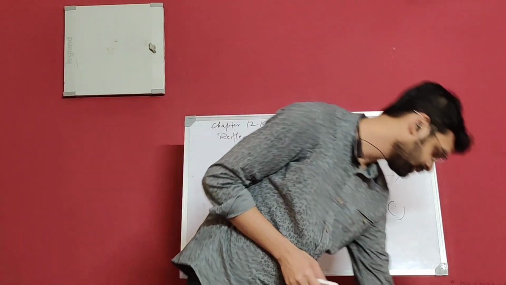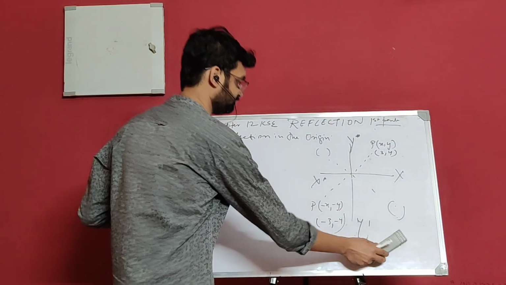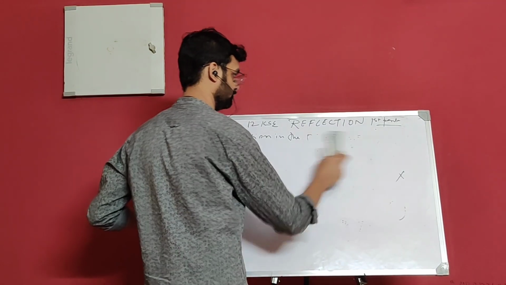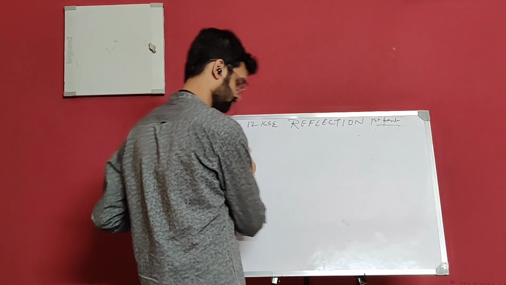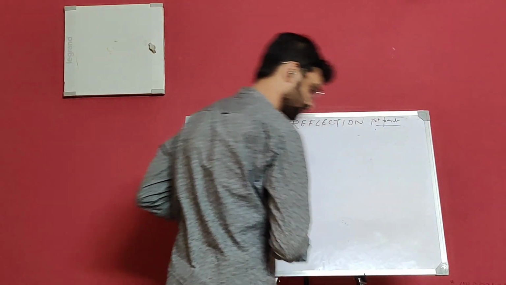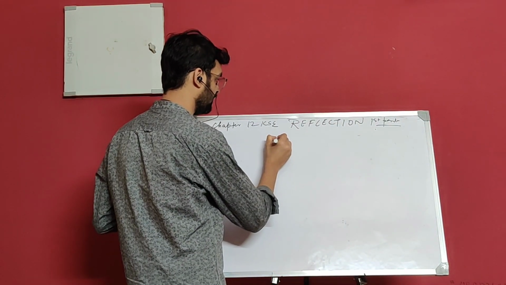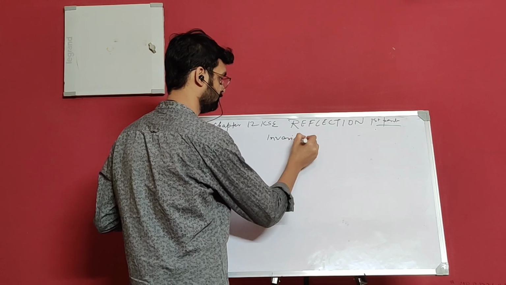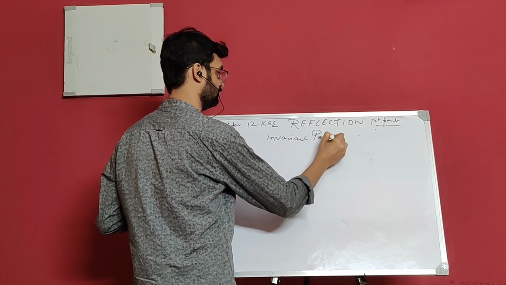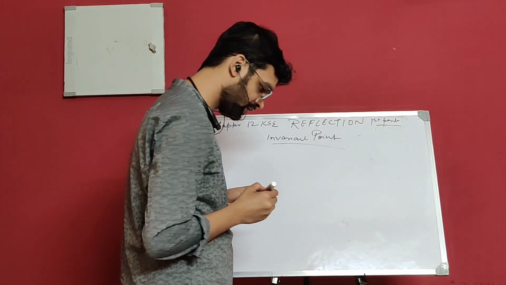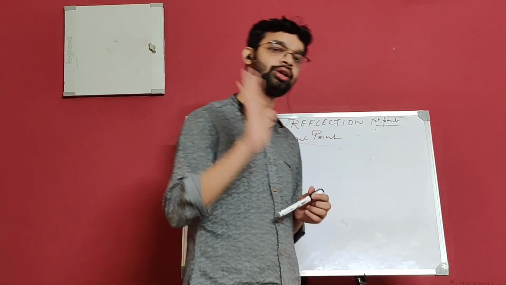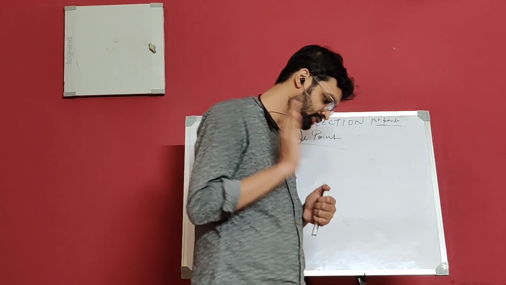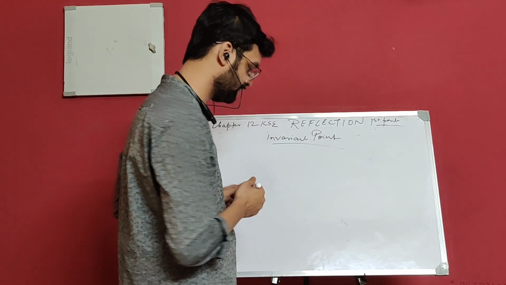The last part will be invariant point. For invariant point, any point that remains unaltered under a given transformation is called invariant.